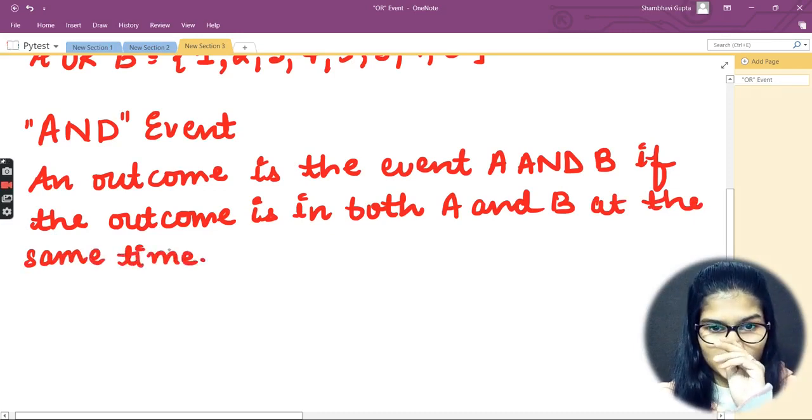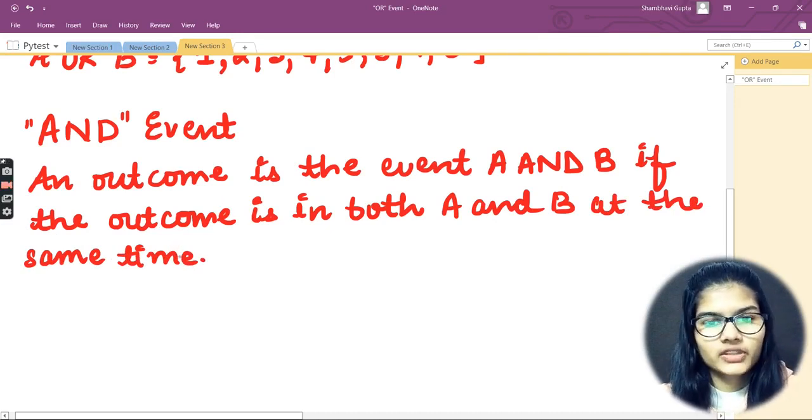Okay, so an outcome is in the event A and B if the outcome is in both A and B at the same time.